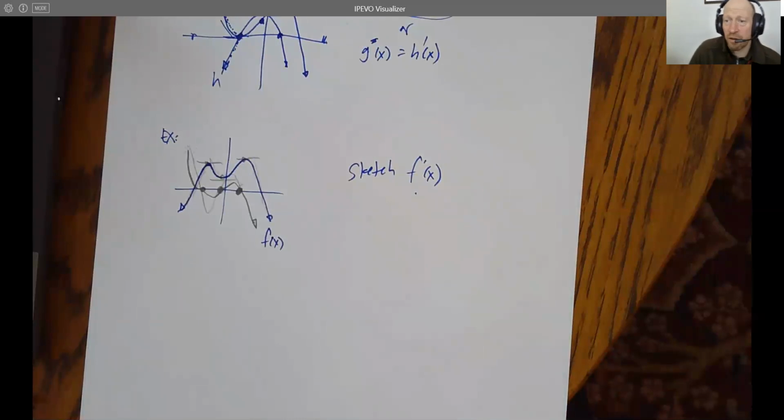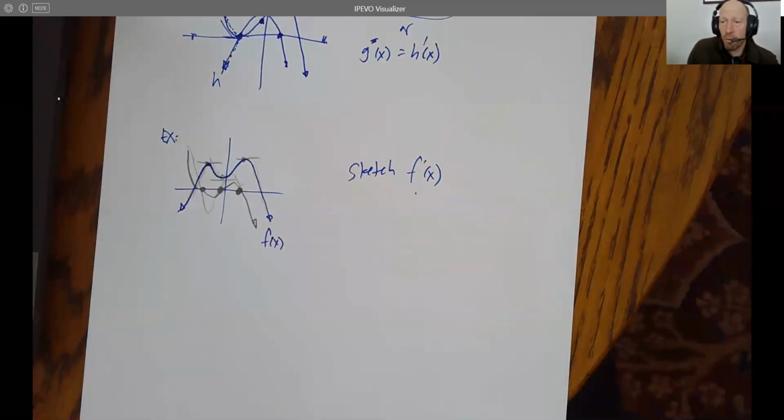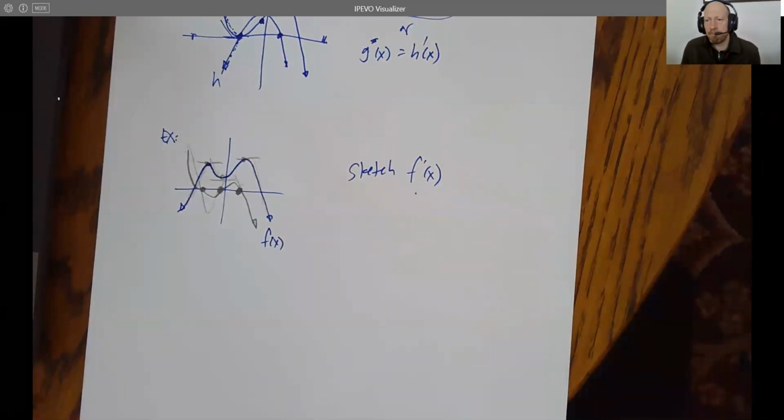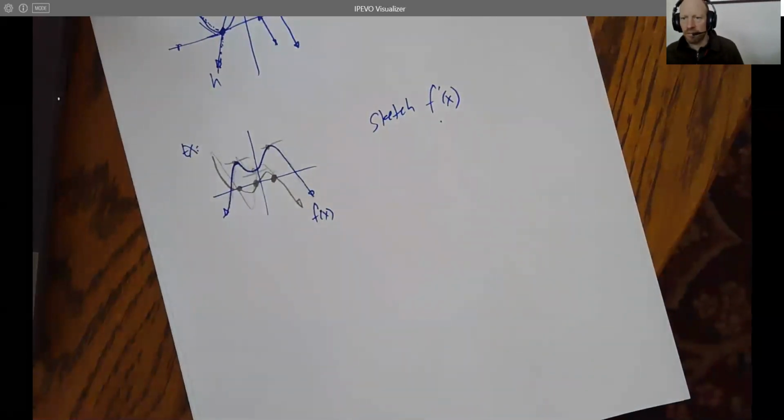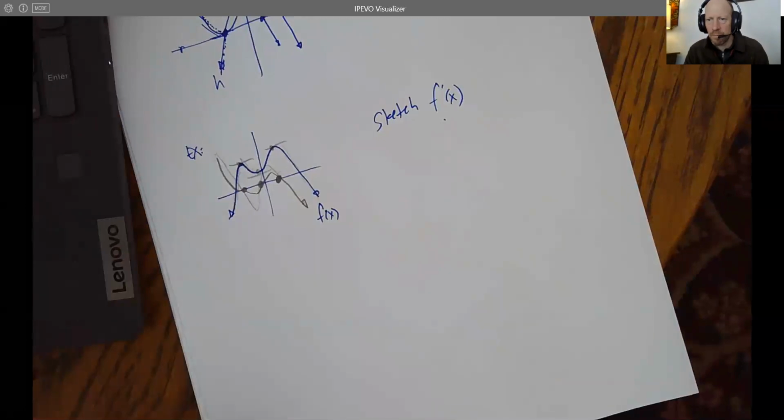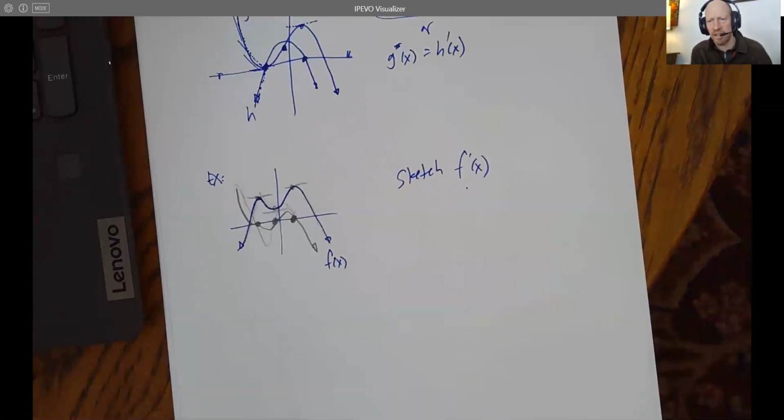And the way we figured it out is, like I said, a point-by-point sort of check. It's looking at each point and trying to figure out what's the slope of the tangent line at each of those points, and then trying to match that up with the original graph.